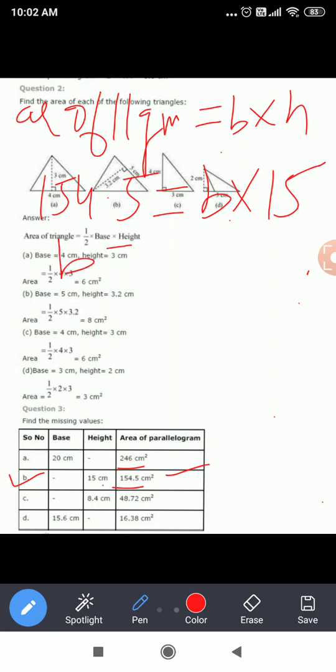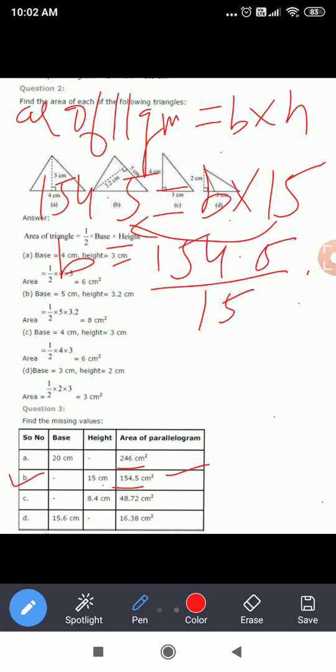So 15 will come here, so it will be in division. So 154.5 by 15. It will be 15 ones are 15. We will get the 4, so it will be 0. Now it will become 45. It will be 3. So 10.3 centimeter.